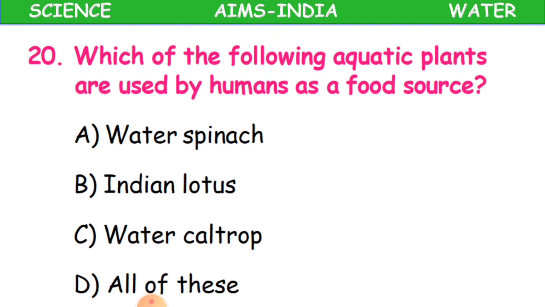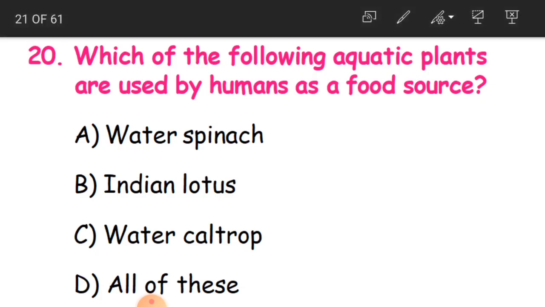Which of the following aquatic plants are used by humans as a food source? See, here you have got four options, where three have plant names, and D is all of this. Which of the aquatic plants is used by humans as food, which we consume as food? Whether it is water spinach, Indian lotus, water caltrop, or all of these.